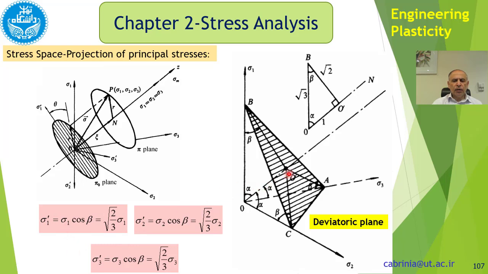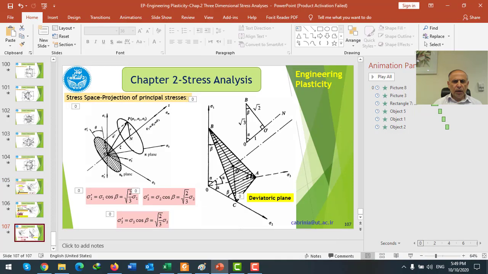And using the geometry here, in this triangle, we could write down sigma 1 cos beta equal to sigma 1 prime, and cos beta is root 2 over 3. And similarly for sigma 2 prime and sigma 3 prime, we could write similar relationships.